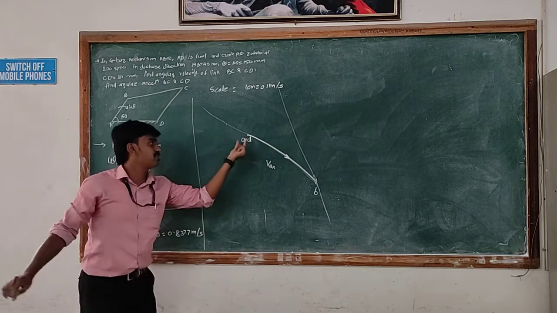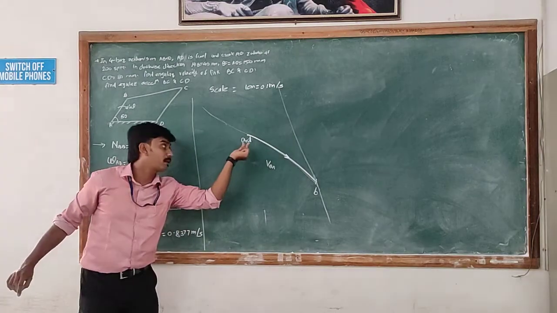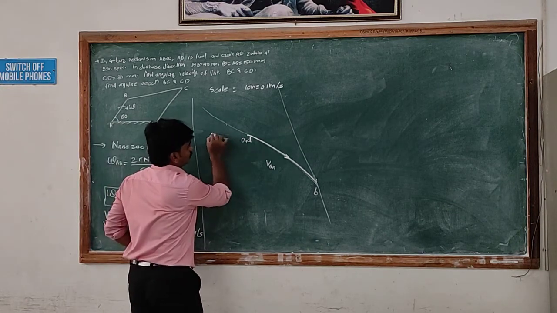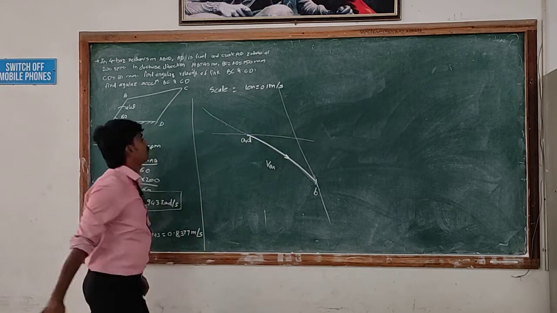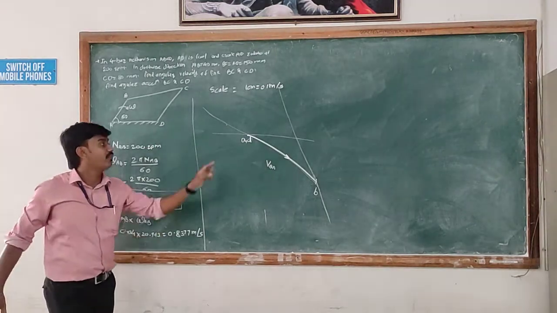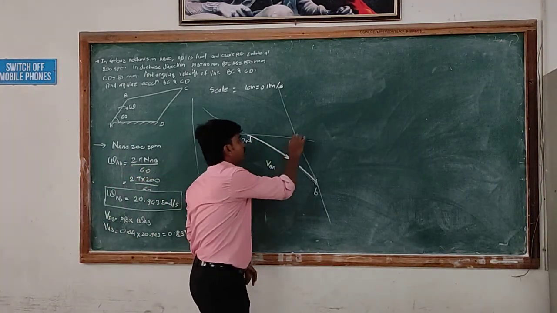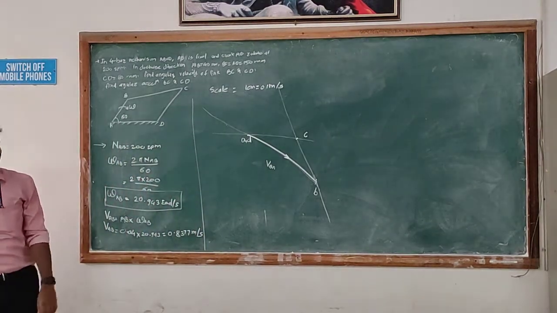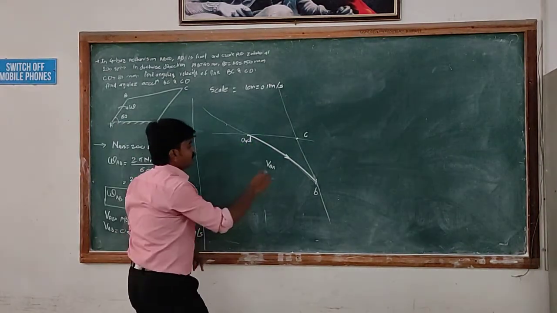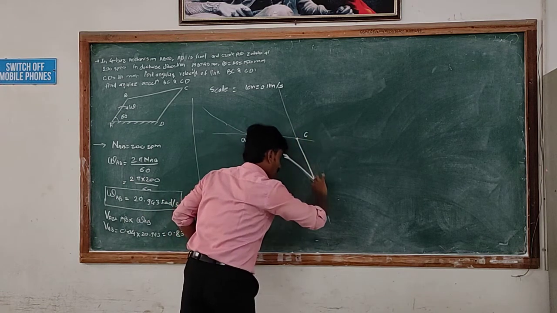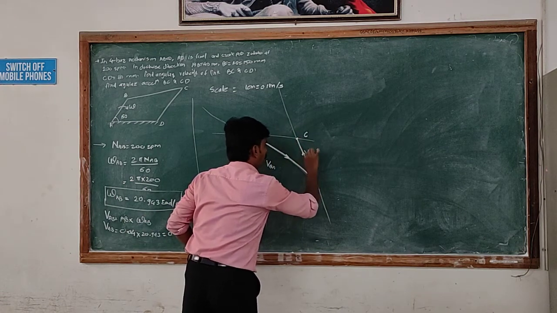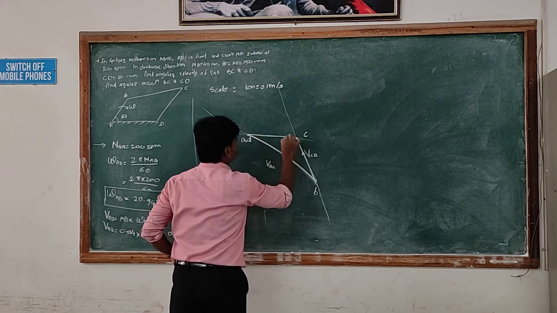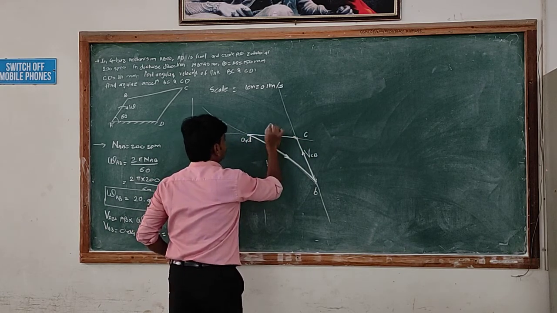So draw a line which is passing through point D and perpendicular to this link CD. Okay, so this is the line, and where these two lines meet, we will get the point C. This is the point C. So this is the velocity vector of point C with respect to B.